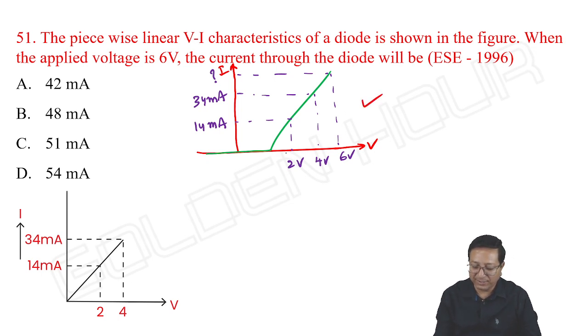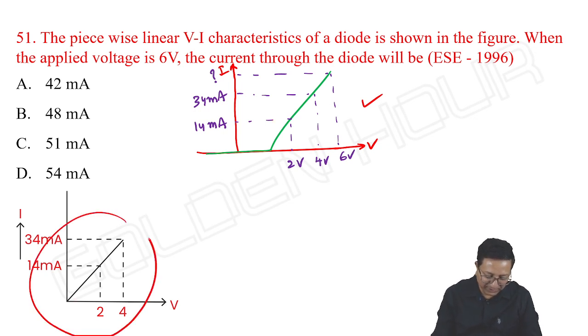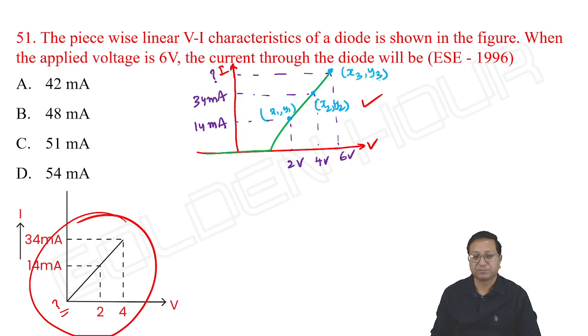Instead of showing so, if they show like this, just like that you will understand. Instead of showing so, they showed this one, and of course they did not mention anything. Okay, so with respect to, let me take this point as x1 y1 and this point as x2 y2 and this point as x3 y3.